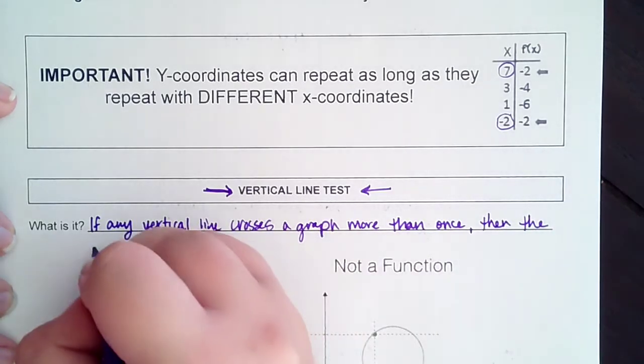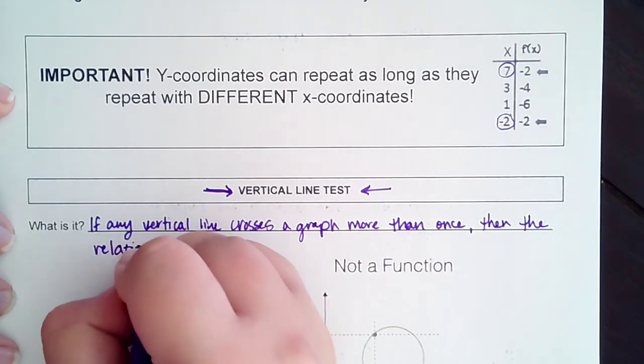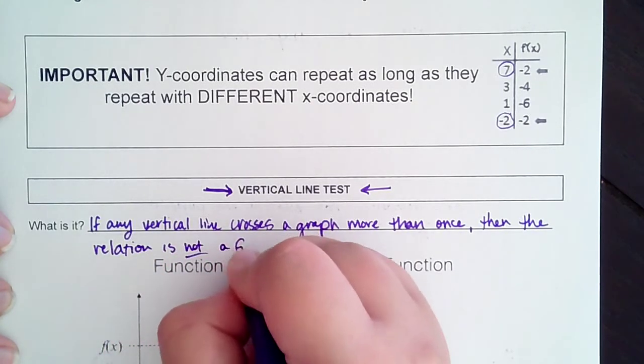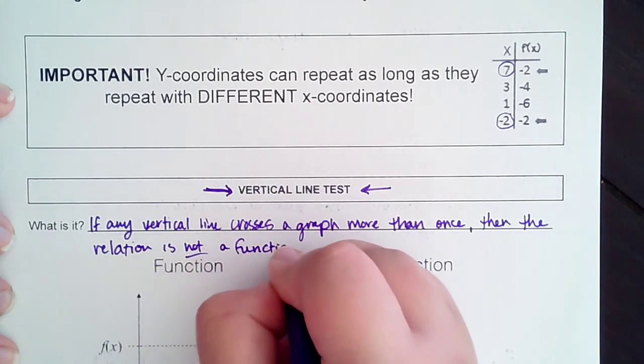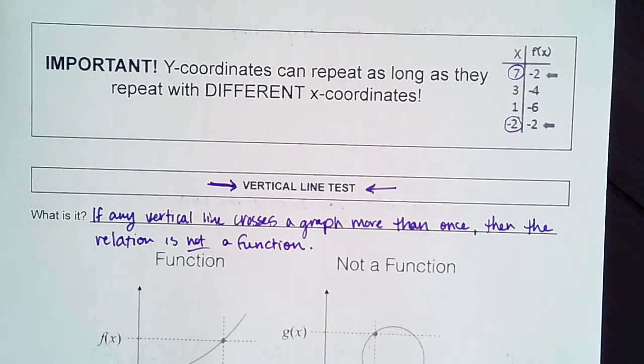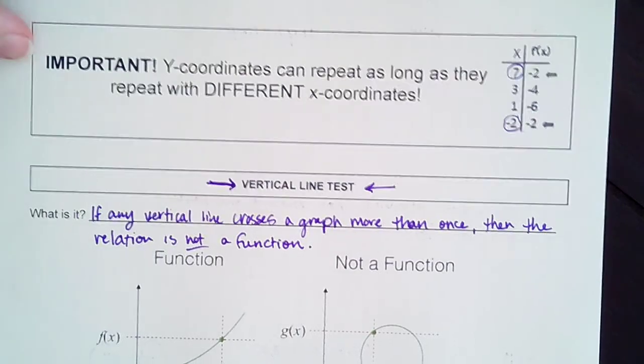Oh, I ran out of room. That's okay. All right, let's read this here. If any vertical line crosses a graph more than once, then the relation is not a function.